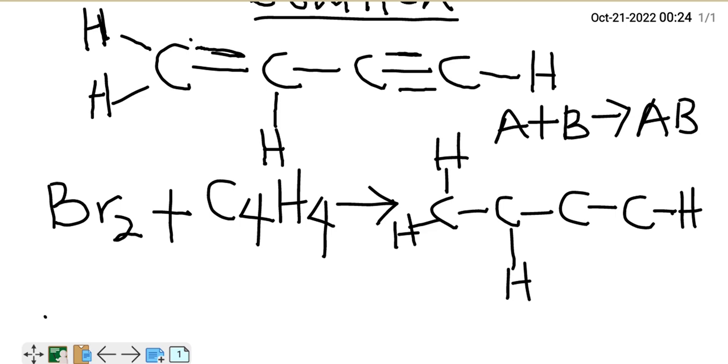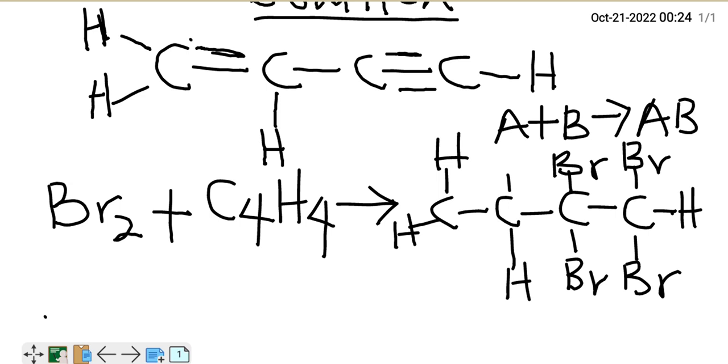So in the overall reaction, all we need to do is fill up the rest of the spaces with bromine atoms. So you have been able to fill up the rest of the spaces with bromine atoms. So as you can see from here, 3 molecules of bromine will react with but-1-en-3-yne to form the compound you have seen above.